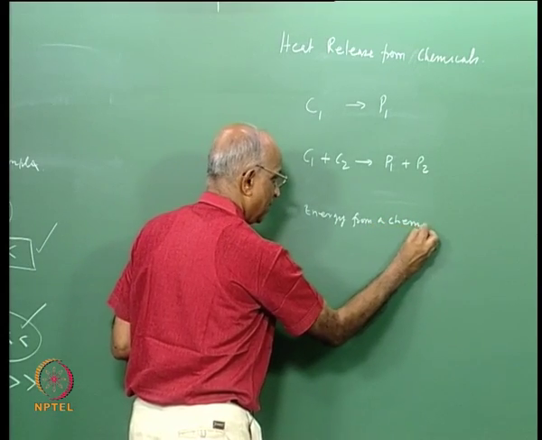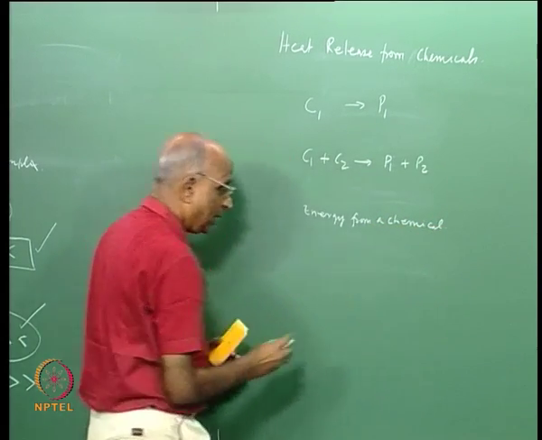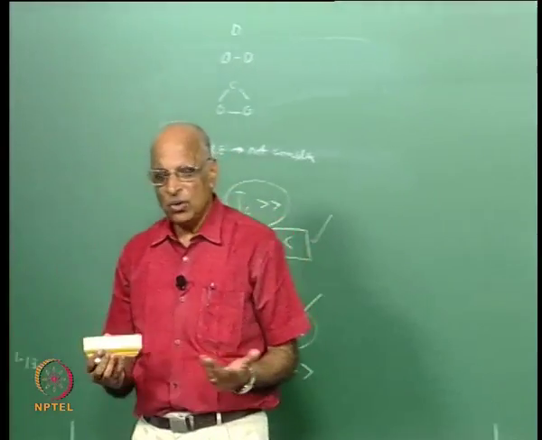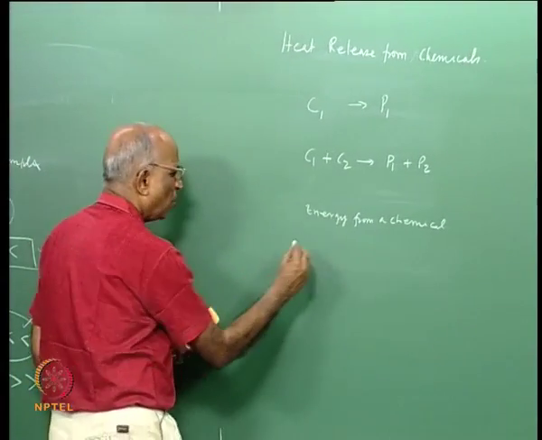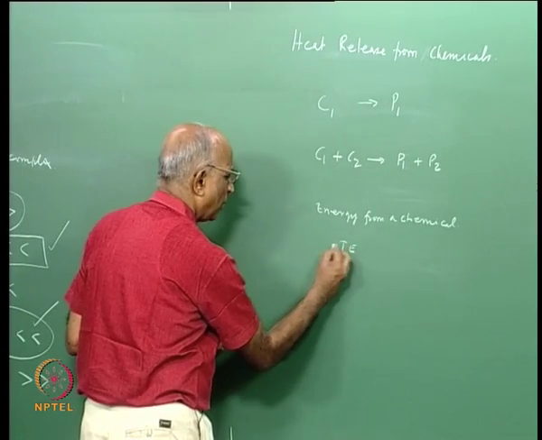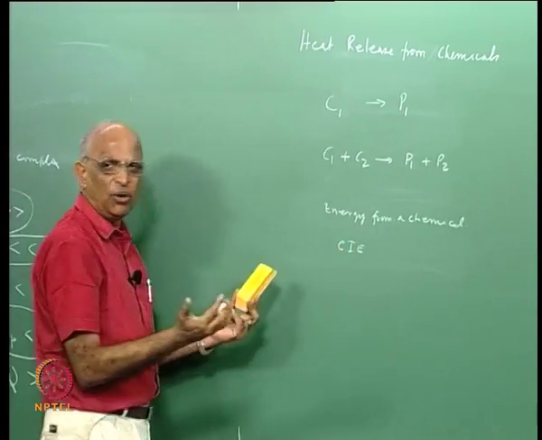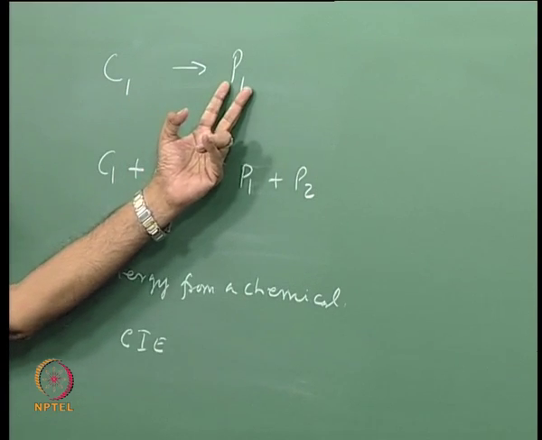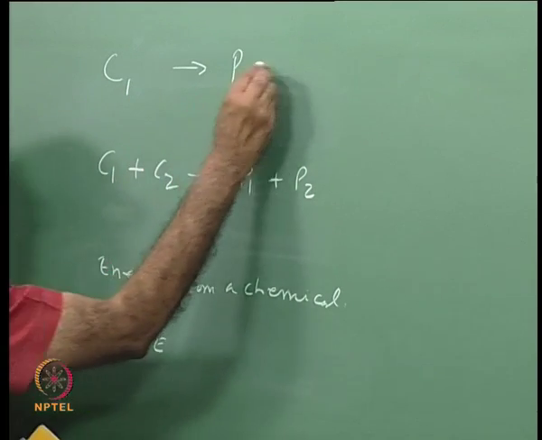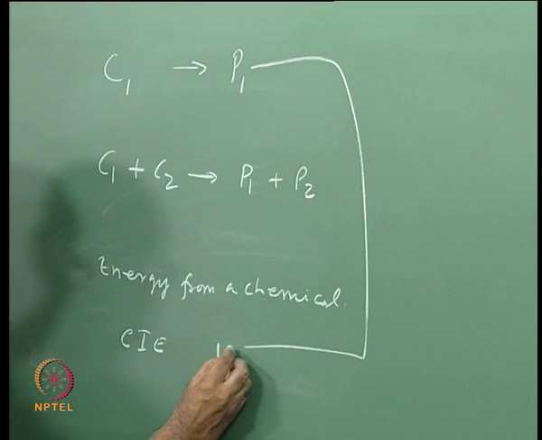All of us have studied this both in the combustion course and in the course on explosions. Any chemical will have its own internal energy, I call it the chemical internal energy of the substance. If it gets converted to products, the products will also have some internal chemical energy.